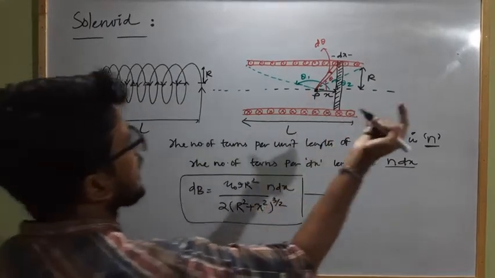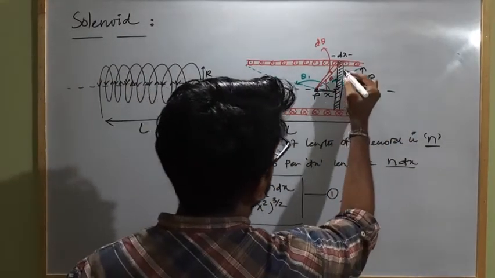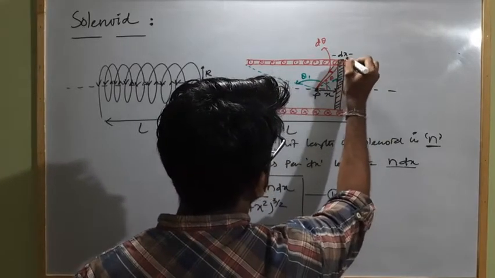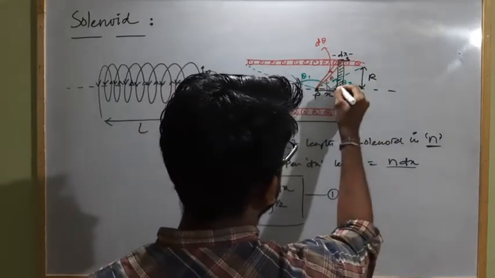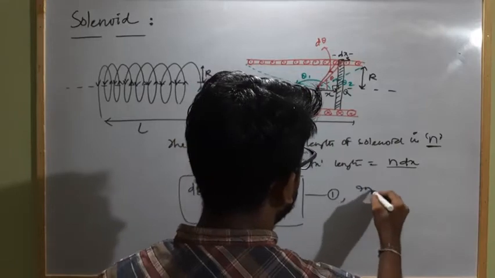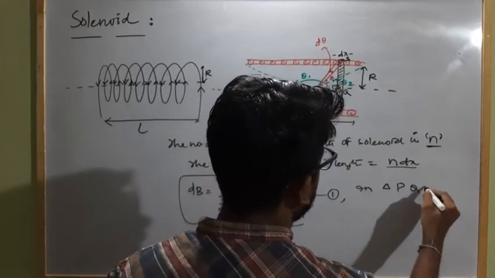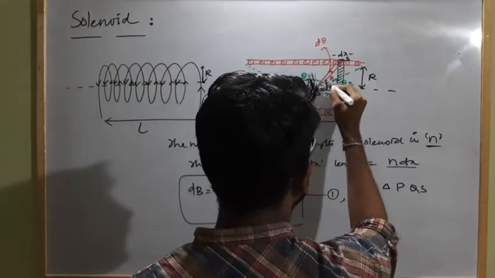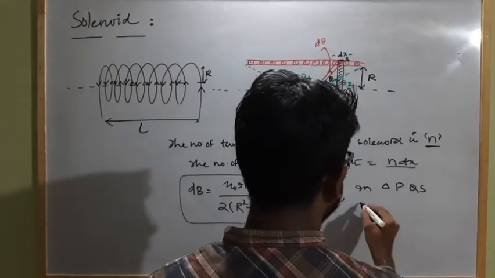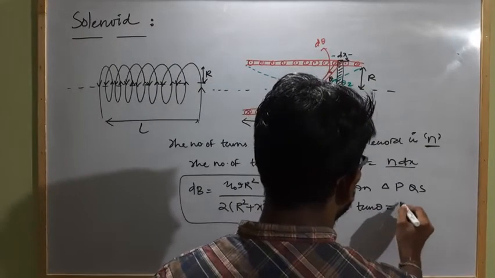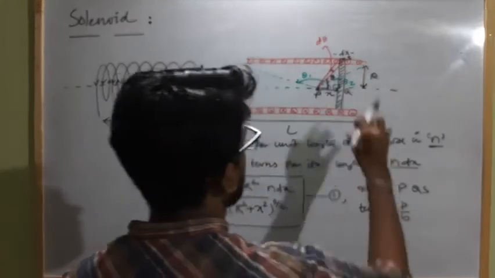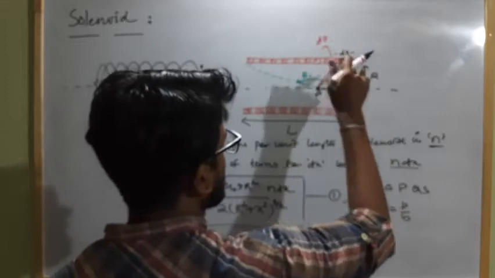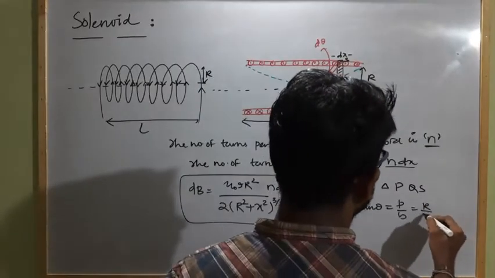Now in the triangle, let this be P, this Q and this portion S, so this will be 90 degrees. So in triangle PQS, what is tan theta? This angle is theta. Tan theta is perpendicular by base. Here the perpendicular is PQ, that is R, and the base is x, so R by x.